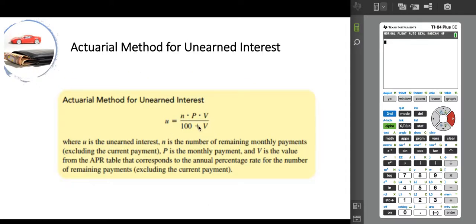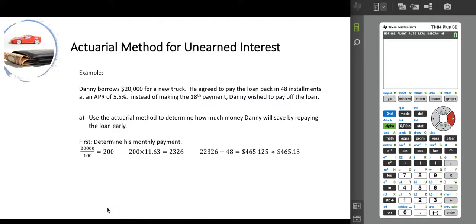So, sorry, let me go back here for a minute. So we're taking 200 times the 11.63, the amount he is paying per $100 that he borrowed, and the amount that he is going to pay in finance charges is $2,326.